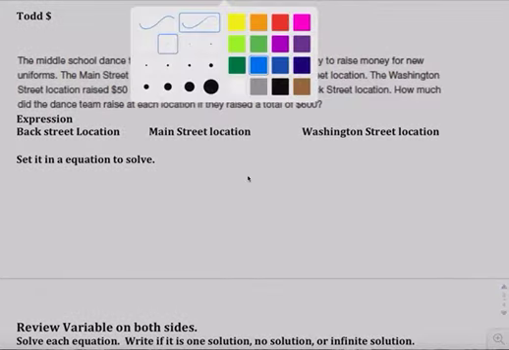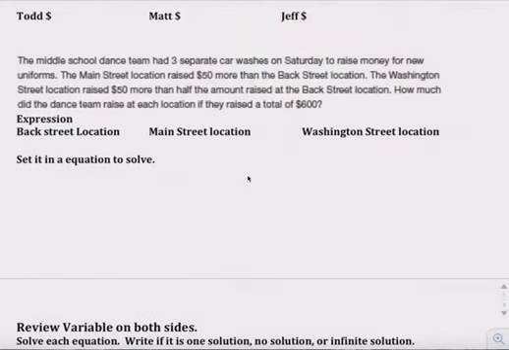Okay, the middle school dance team, let's do purple, has 3 separate car washes on a Saturday to raise money for new uniforms. Main Street location raised 50 more than Back Street location. So 50 more. So this is 50 more than, which means to flip the terms.